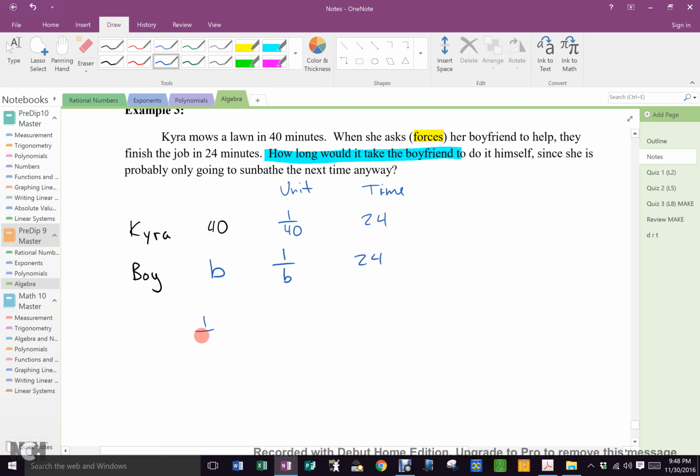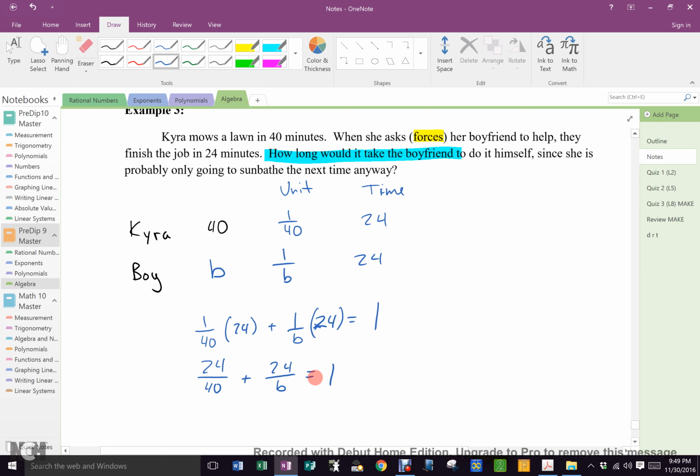So 1 over 40 times 24 plus 1 over B times 24 equals 1 whole job. Yeah? So now all I got to do is figure this out. 24 over 40 plus 24 over B equals 1.